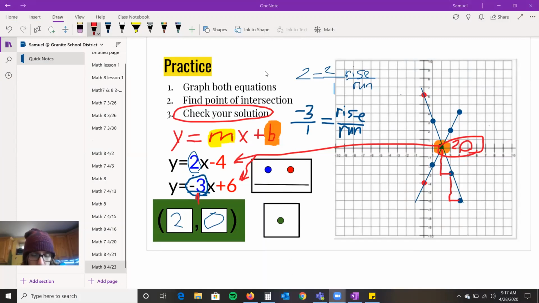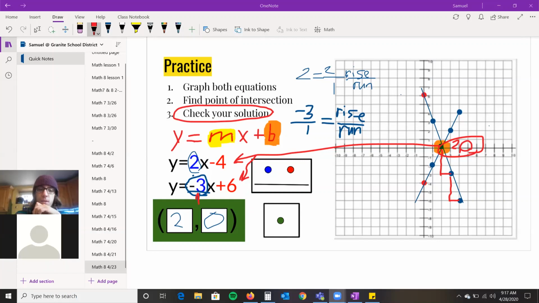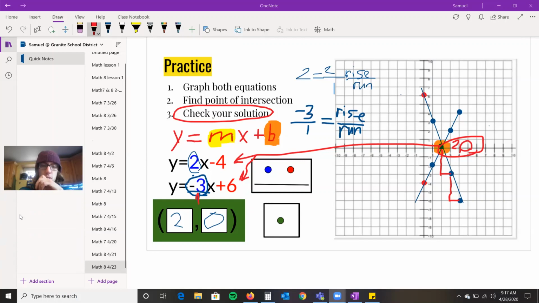Do you have any questions about what we've done so far, or one of the different skills we've learned, whether checking a solution, looking at a graph and finding the intersection, graphing 2 lines and finding the intersection, anything in there? Okay. If I don't hear from you guys, I'm assuming that you don't.